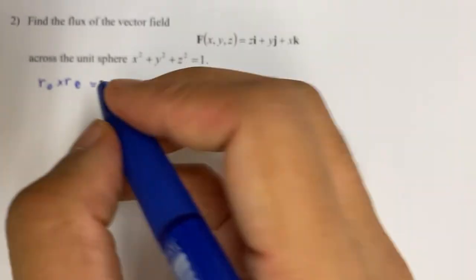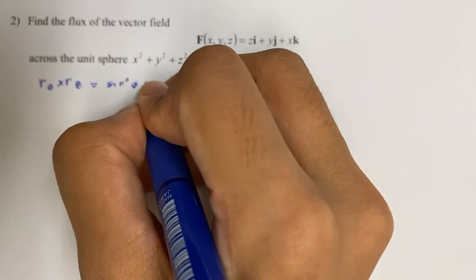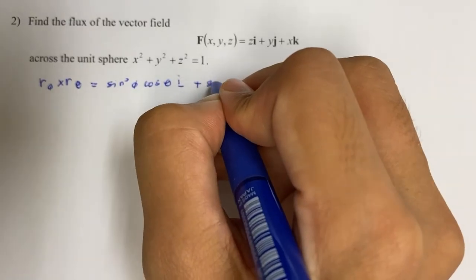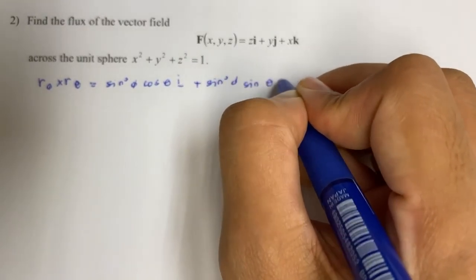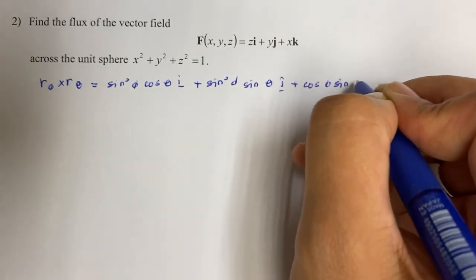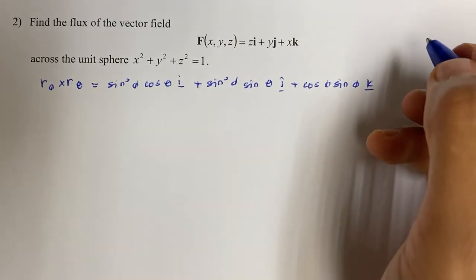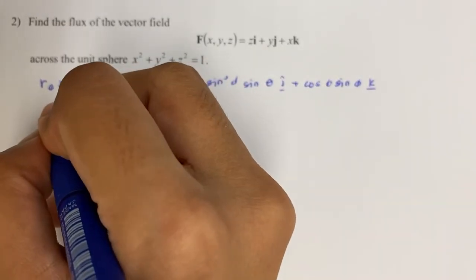With a equal to 1, it is equal to sin square phi cos theta i plus sin square phi sin theta j plus cos phi sin phi k. We have our r phi cross r theta, and then we need to do the double integration.